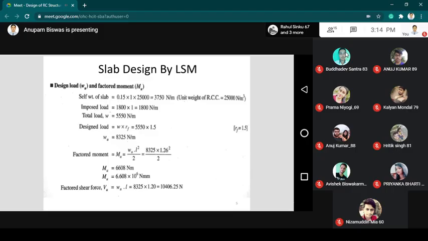And for factored moment Mu, that is wL square by 2 for maximum bending moment for the cantilever condition, that is 8325 into 1.26 square by 2. From here we get the factored moment Mu, that is 6608 newton meter, and we have to convert it into newton millimeter.